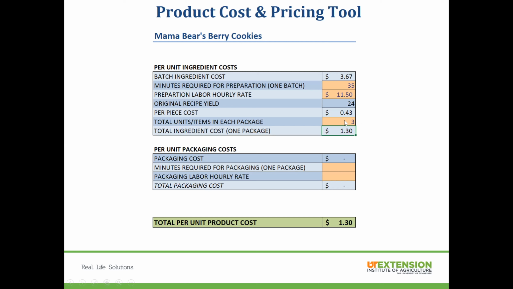So in this case, we're going to sell 3 cookies in a package. So we put 3 in that cell. So now our total ingredient cost, which includes the value of the cost of the labor to prepare the recipe, is $1.30. So we have those costs so far in a package of 3 cookies, $1.30.